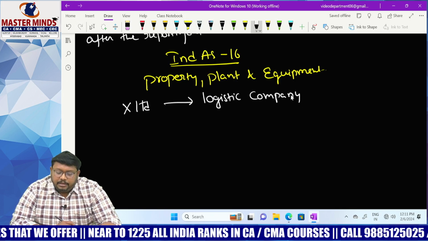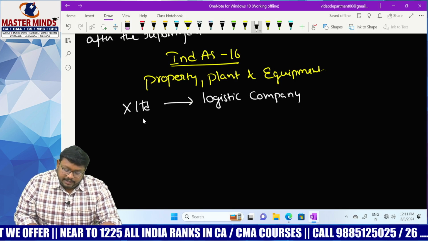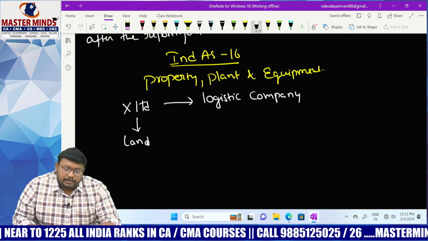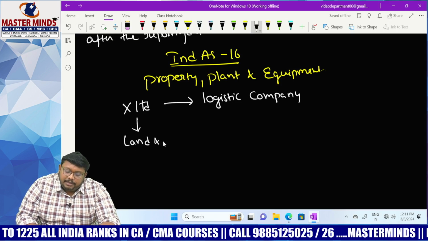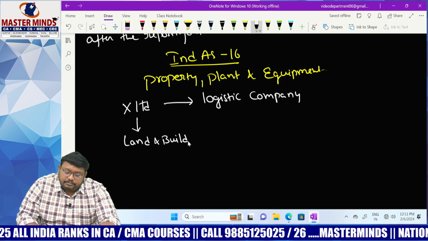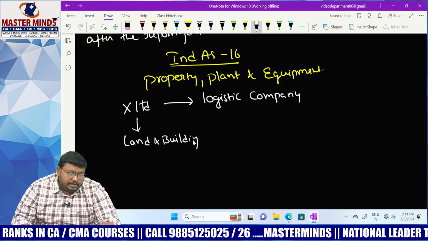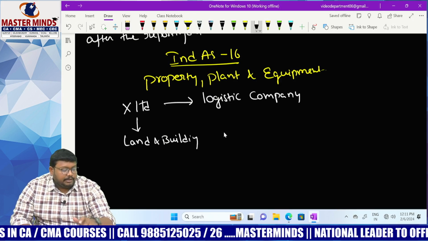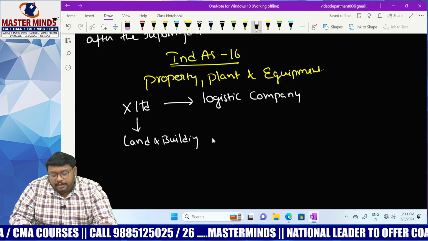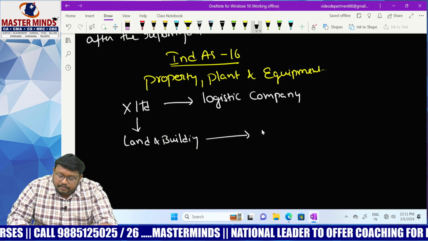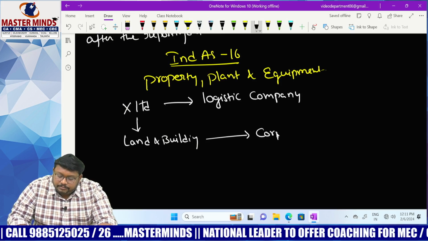X Limited purchased a land and building, and they're using this land and building as a corporate office.